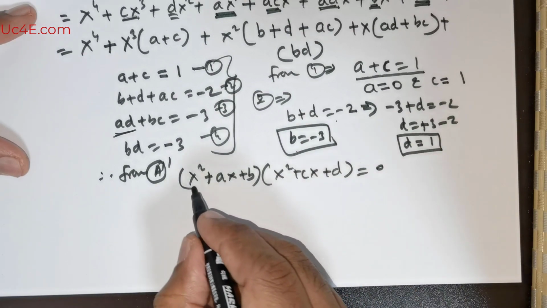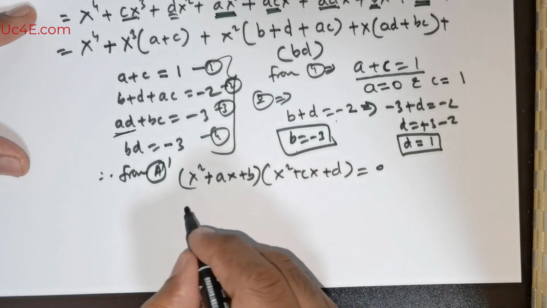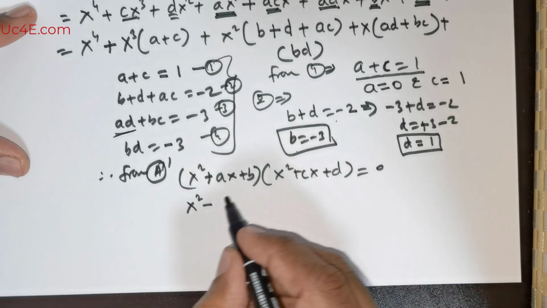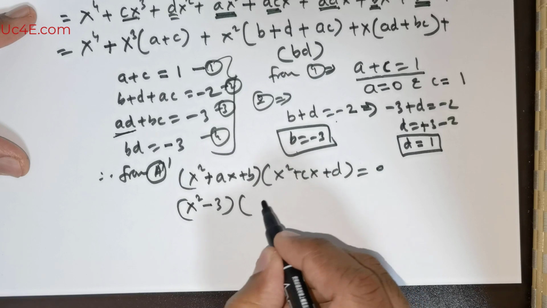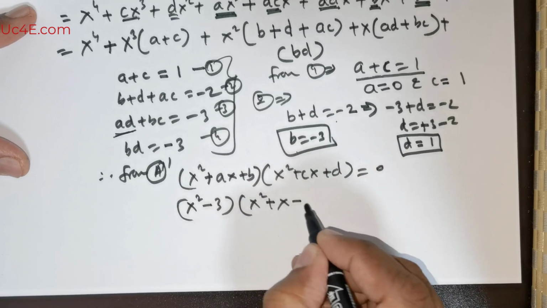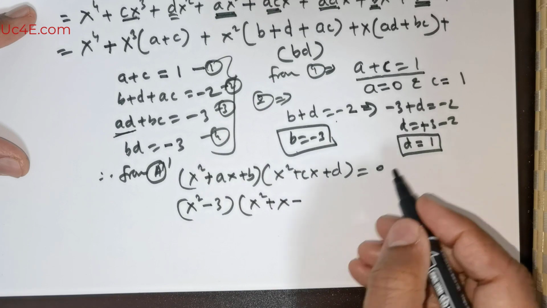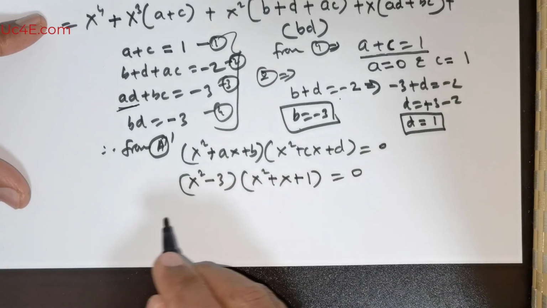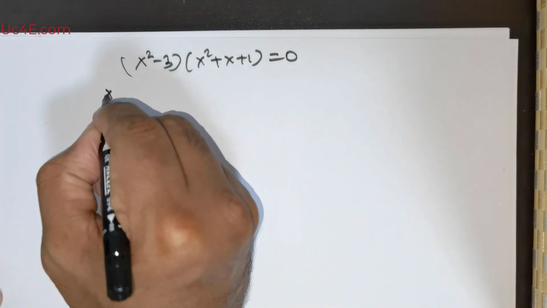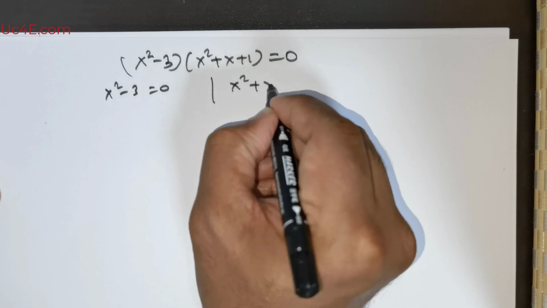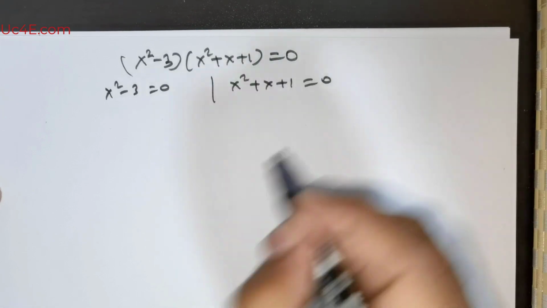So if I were to substitute the values of a, b, c, d, what would happen here? This is going to be x squared. a is 0, but the value of b is negative 3. That's fine. x squared, and c is 1, so it's going to be x there. And the value of d is 1 here, so this is equal to 0. So now from here, x squared minus 3 is equal to 0, and x squared plus x plus 1 is equal to 0.